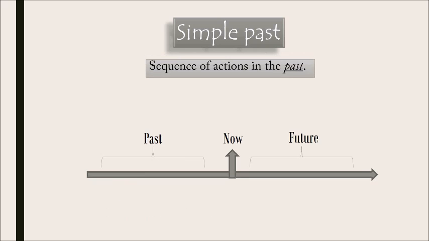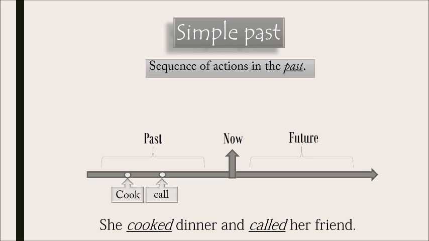I use simple past also for a sequence of actions in the past. If I want to speak about two activities that happened in the past without telling the order of these actions, I will use simple past with both of them. For example, here I have cook and also in the past call. Two activities started and finished in the past. Here I will say she cooked dinner and called her friend. Both of them in simple past.